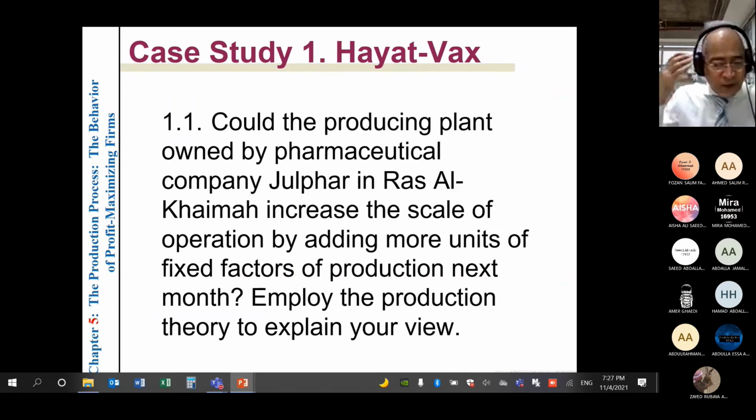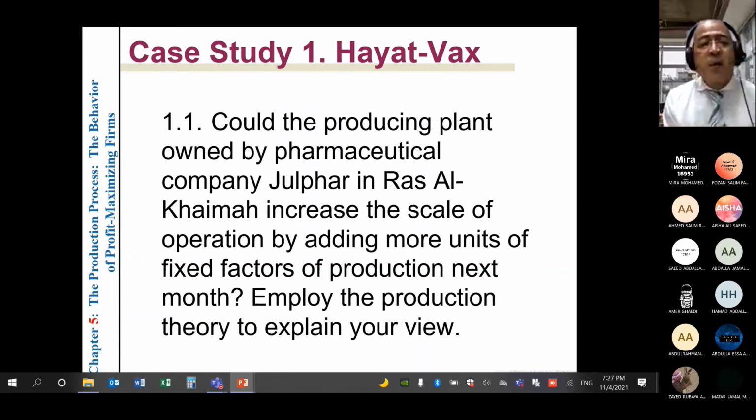Just imagine it is a producing line to produce Hayat-Vax. The technical support came from a Chinese company on how to produce Hayat-Vax. So now the question: can we increase the scale of operation by next month?